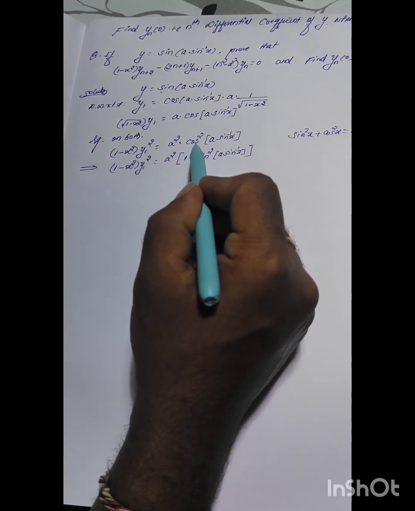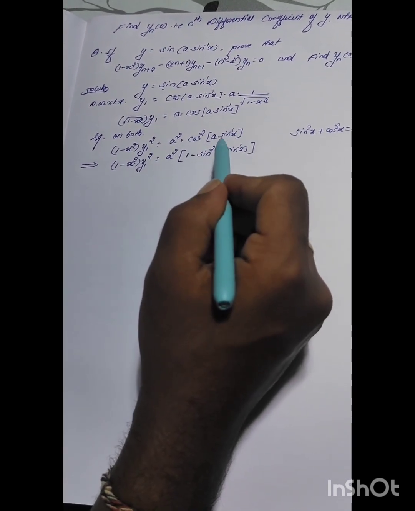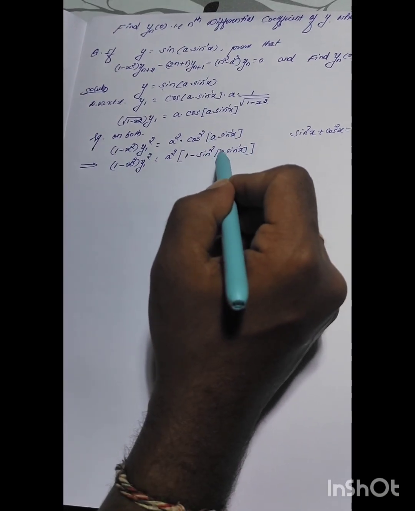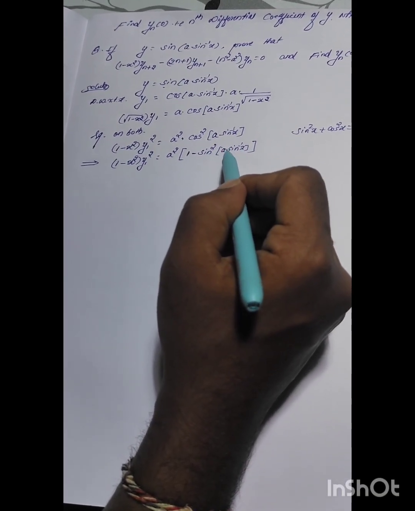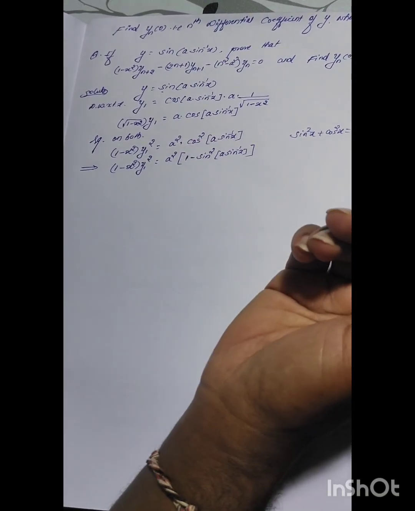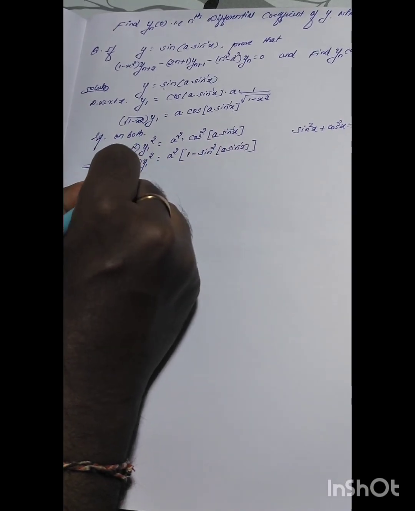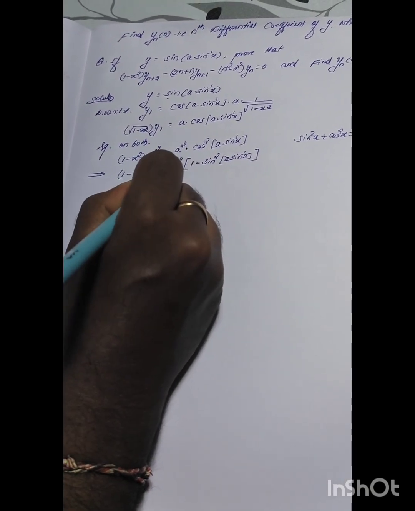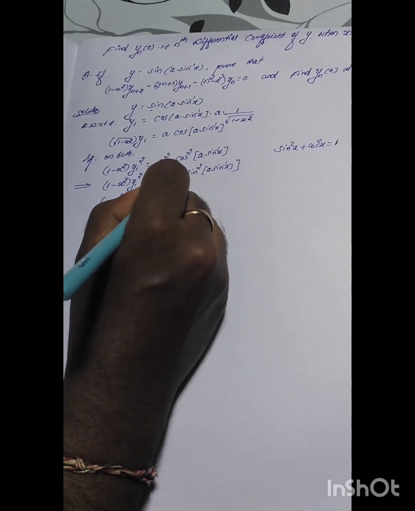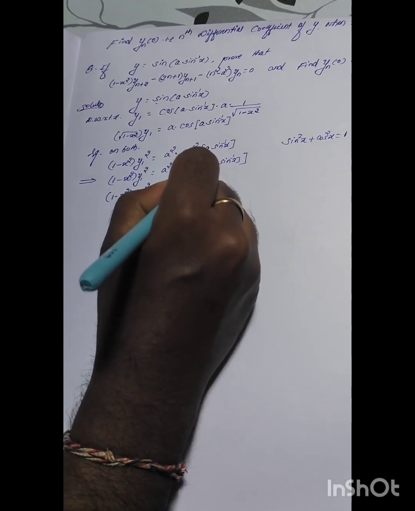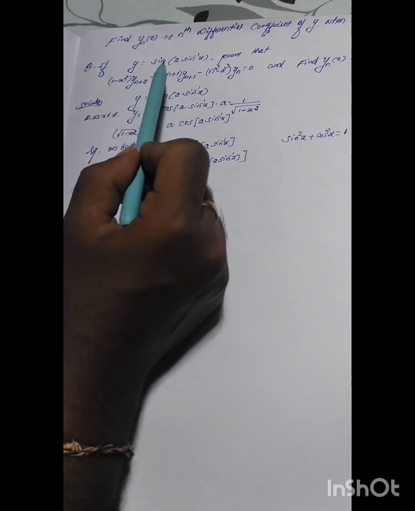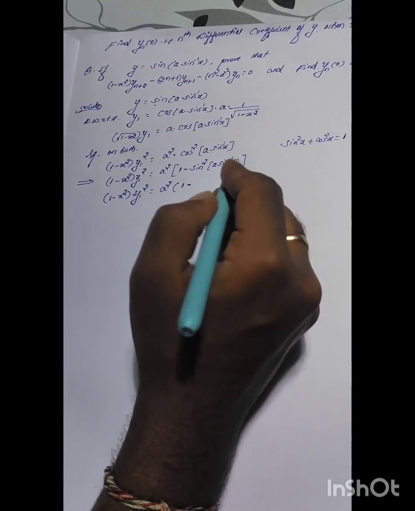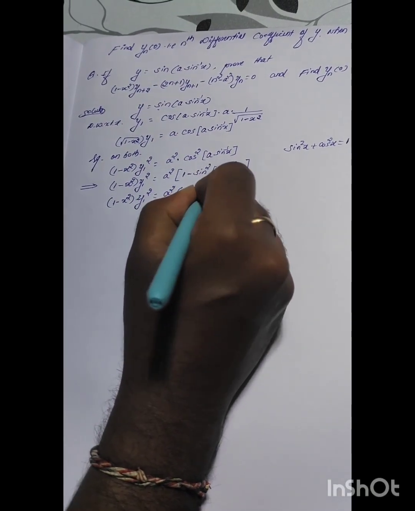I just replaced cos square of a sine inverse x by 1 minus sine square of a sine inverse x, and sine square of a sine inverse x is nothing but sine of a sine inverse x the whole square. So 1 minus x square into y1 square will become a square into 1 minus y square.